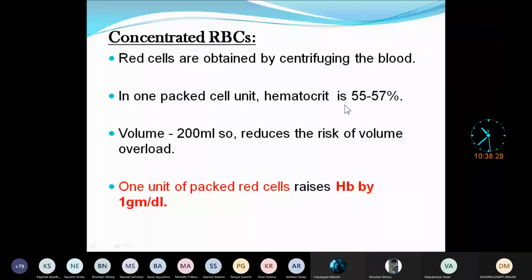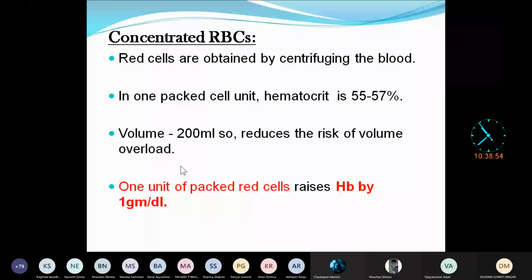So in case of the concentrated RBCs or the packed red cells, the volume will be 100 ml. So it reduces the risk of volume overload. It means that if we give whole blood to a person who requires only RBCs, the plasma will also go, isn't it?